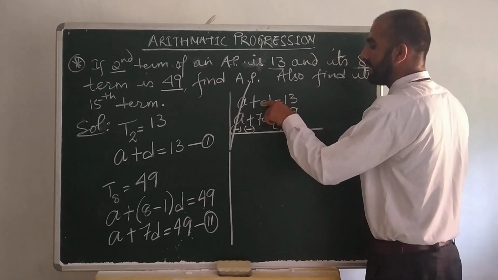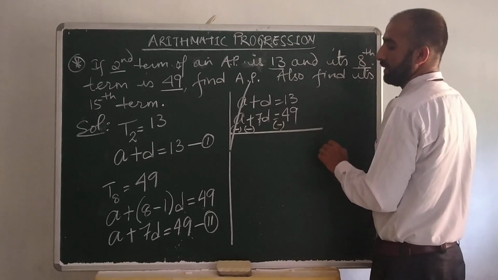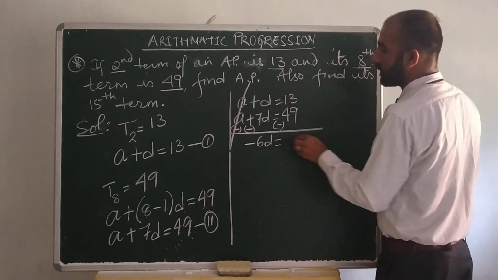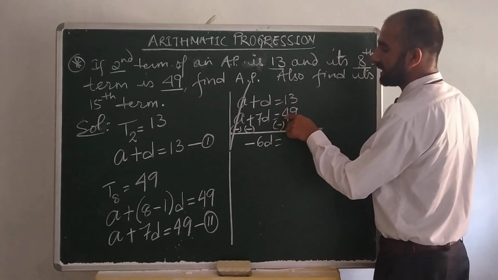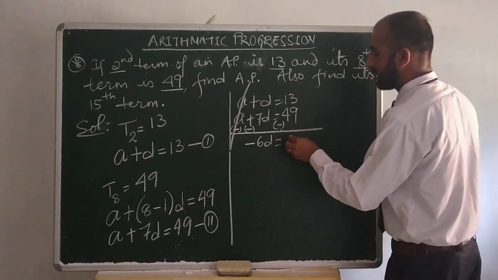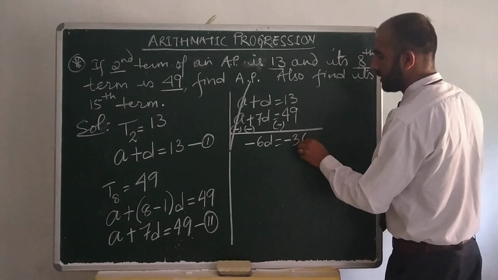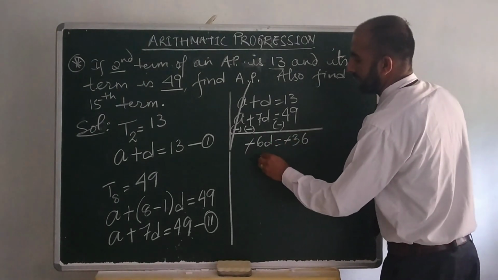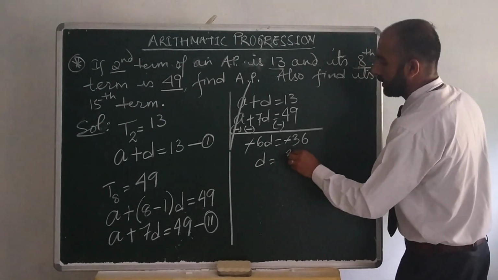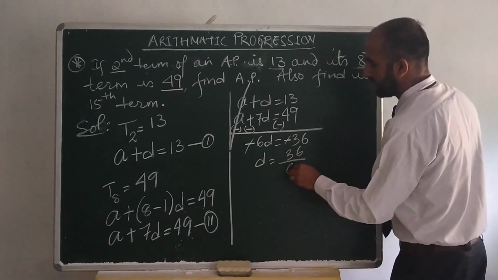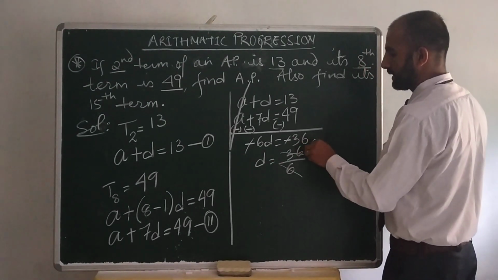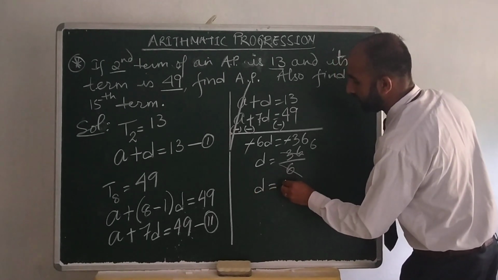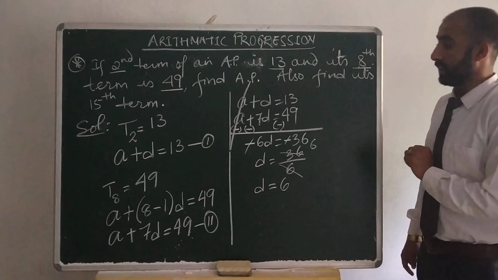Now d minus 7d, that means minus 6d equals 30 minus 49, that is minus 36. So minus minus cancelled, d equals 36 by 6, that is 6. 6 6s are 36. So students, we got the value of d as 6.